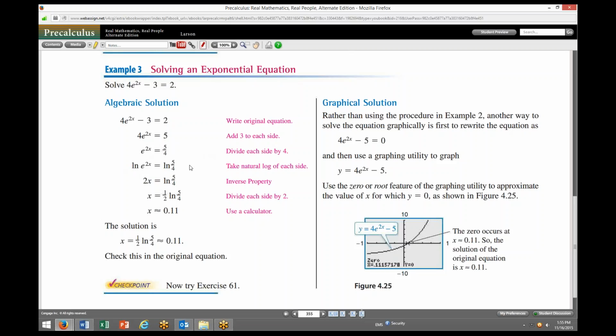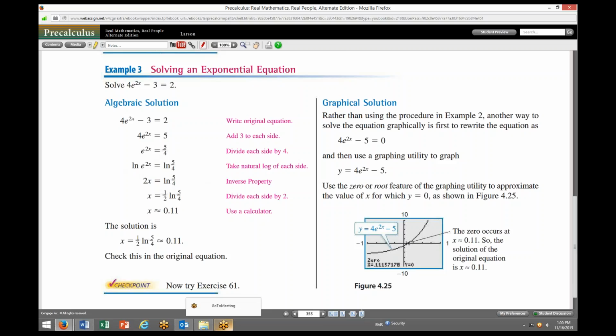And then, again, I suggest skipping this step of taking the natural log of each side. I'm not saying you can't do it, but I'd say you don't have to. Jump right down to the next step by using your understanding of what e to the 2x means and what natural log means. We have the base e. The exponent is 2x, and e to that power is 5/4.